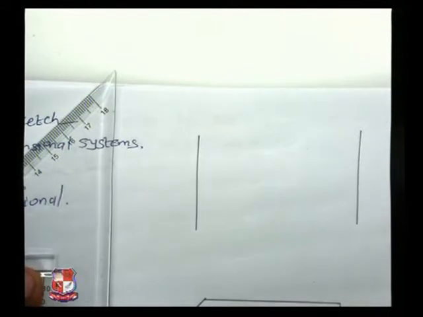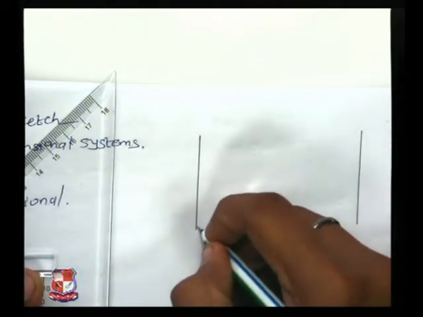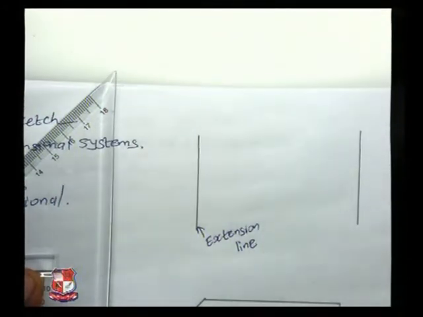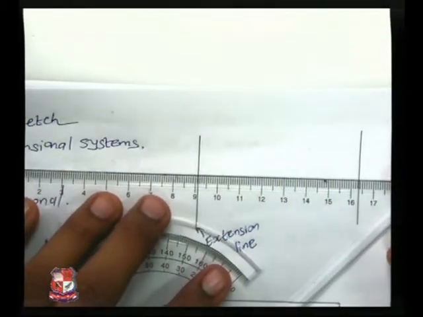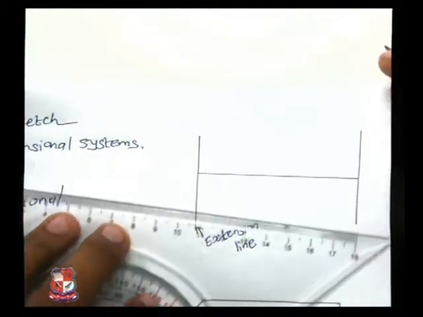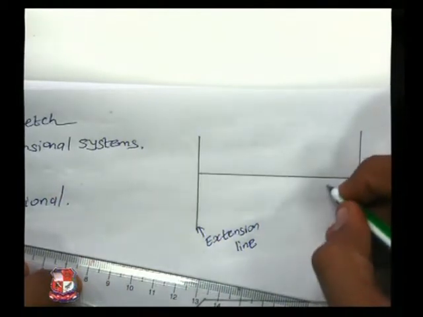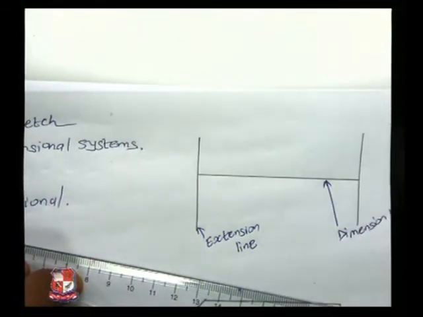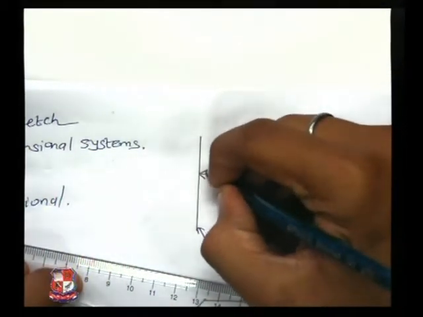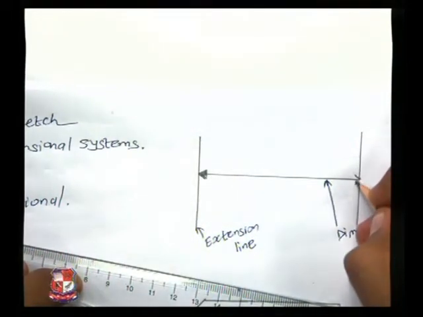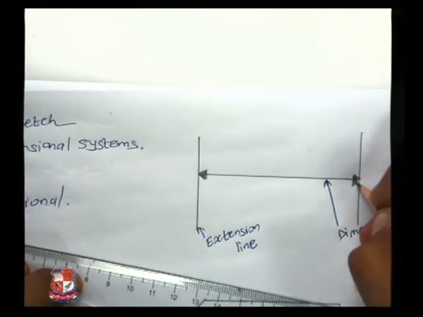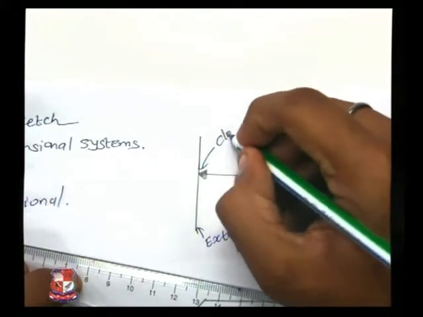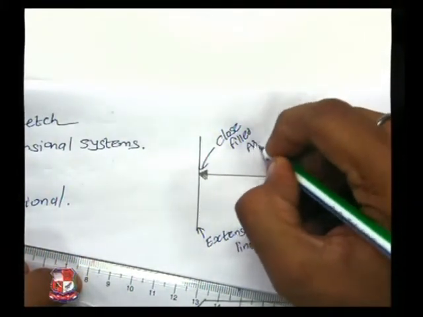These two lines can be called the extension lines. The line on which we are measuring the dimension is called the dimension line, and closed filled arrows on both the sides show that it is the distance between these two lines only.